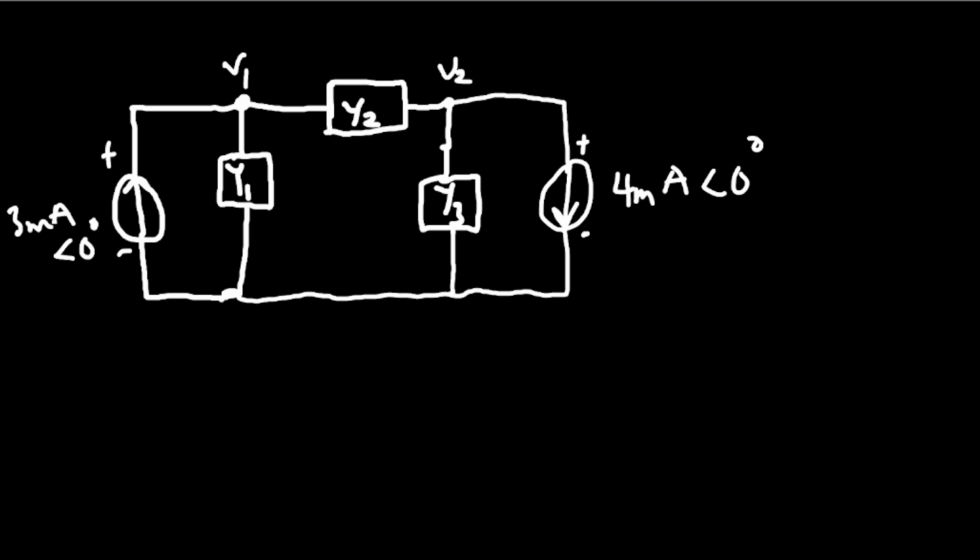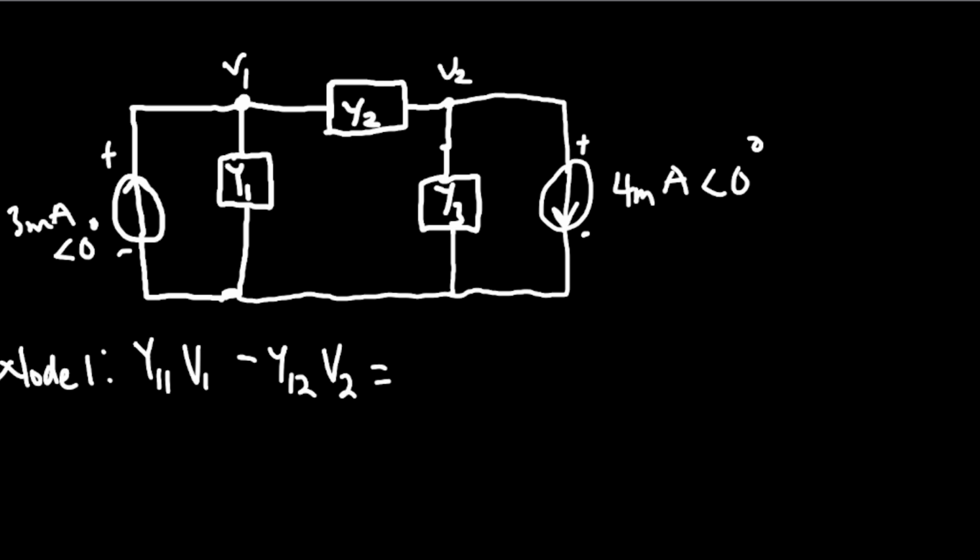We use the same way for node 1. Since there are two nodes, we just do Y11 multiplying V1 minus Y12 V2, and I hope you can remember the way we did it with impedance, the same way.